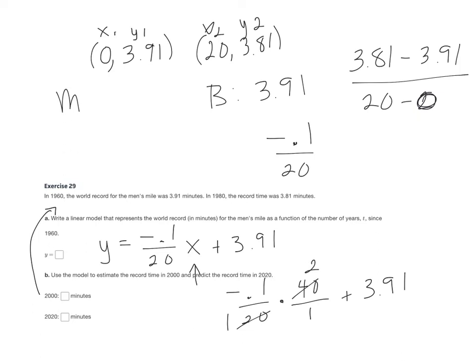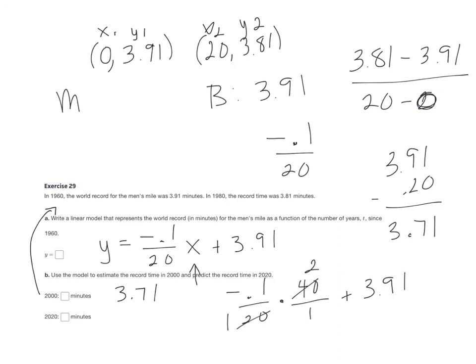So -0.1 times 2 is going to be -0.2 plus 3.91. So that's 3.91. And adding a -0.2 is the same as subtracting 0.2. So the time in 2000 should be 3.71.